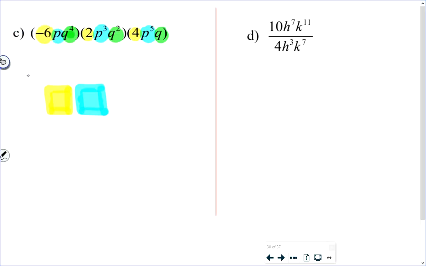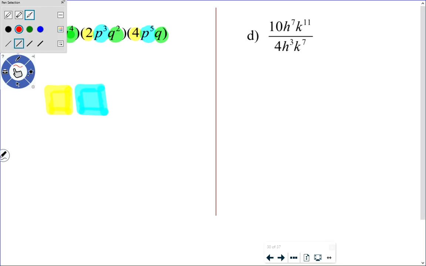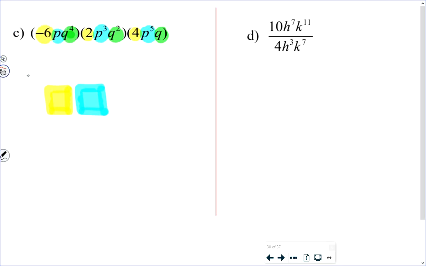Before we go on, we just have to make sure of something. In the first part, where it's -6p q to the 4, the exponent on p is 1. P to the 1 is equal to p. In the third part, where we have 4 p to the 5q, that q is to the 1. This is child's play.